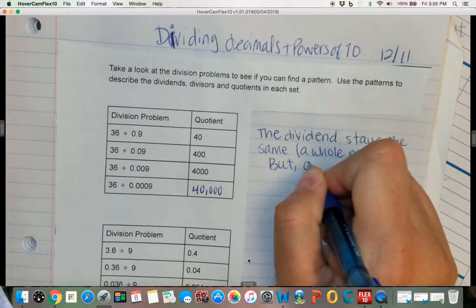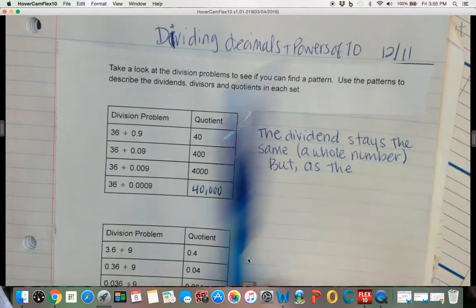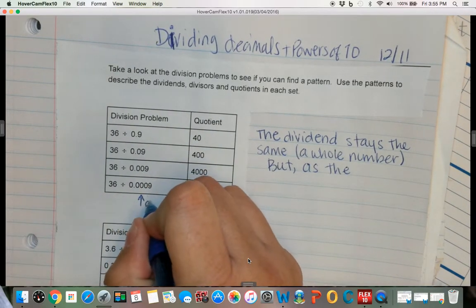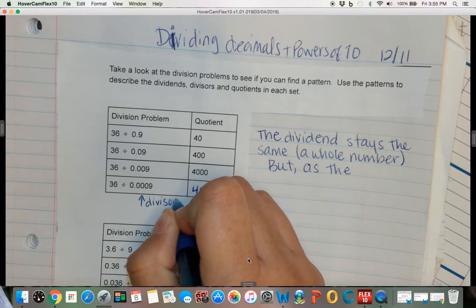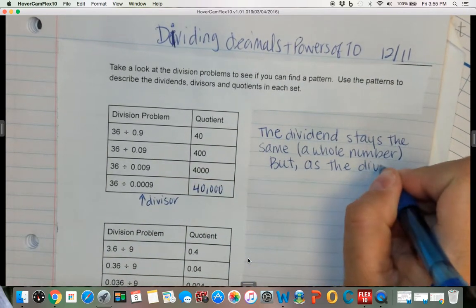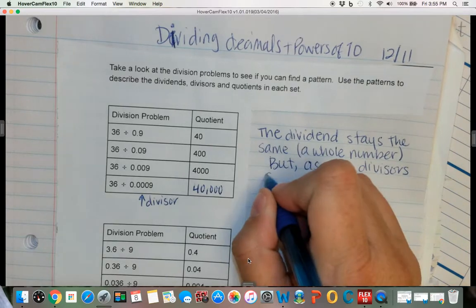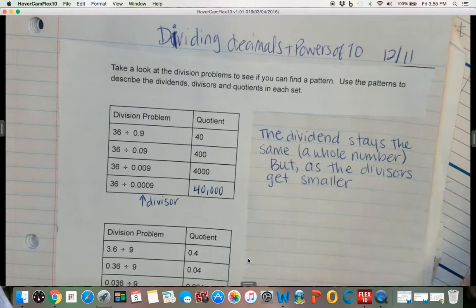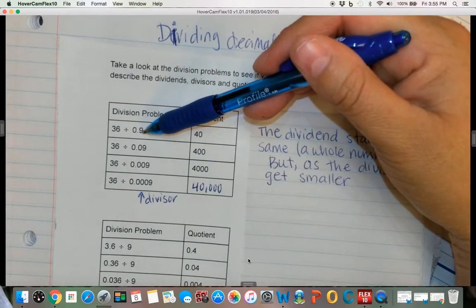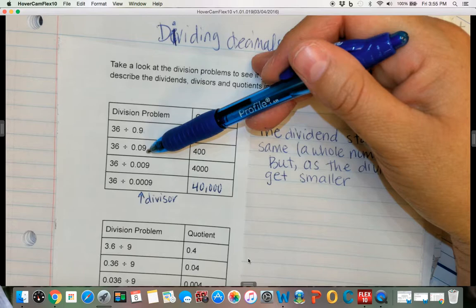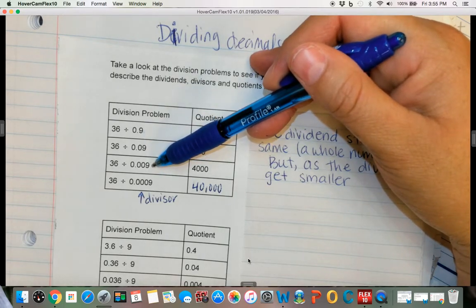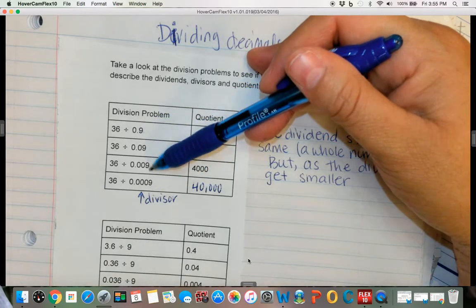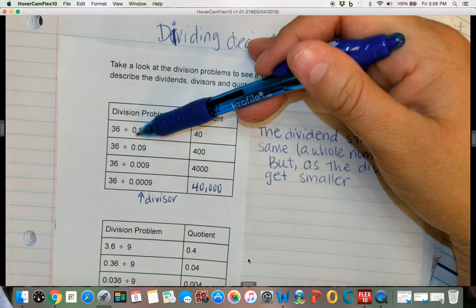But as the divisor, this is the divisor, as the divisors get smaller, so here we have 9/10ths, it gets smaller to 9/100ths, it gets smaller to 9,000ths, it gets smaller to 10,000ths. We're getting further and further away from a whole.